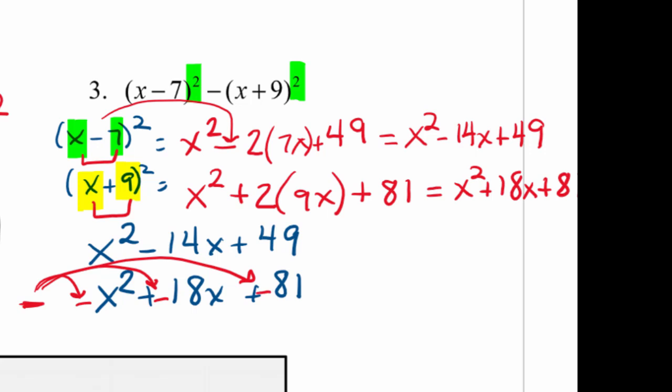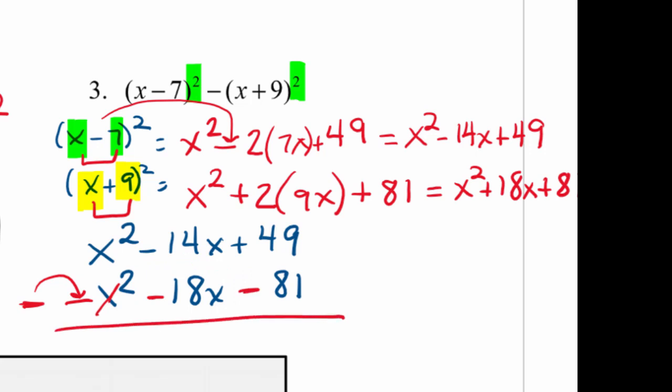So all three of those become negative. Okay, you got to be careful there with the signs. That's the hardest part of this whole problem, is this subtraction right here, to get those signs right. So now the x squares are 0, and here we get negative 32x, and here we get negative 32.